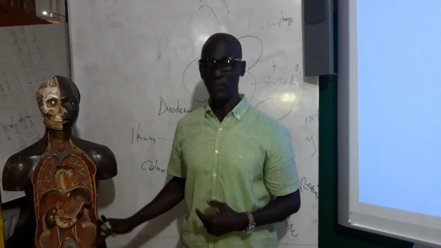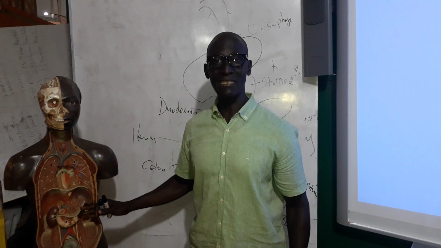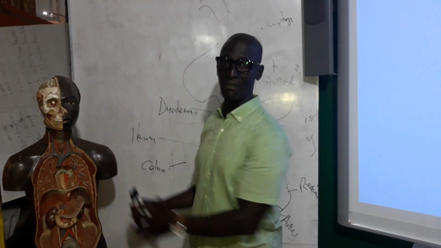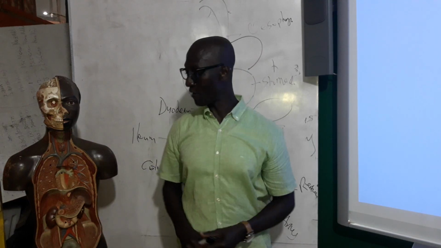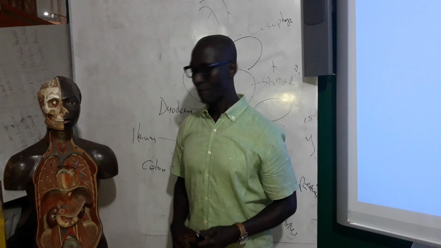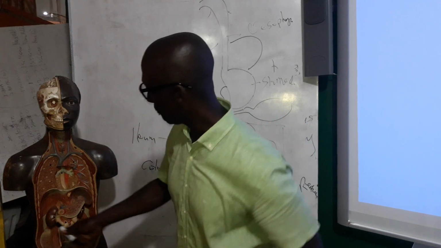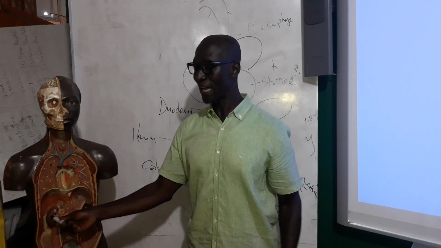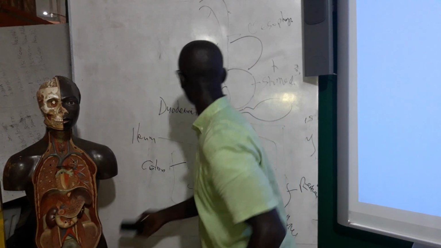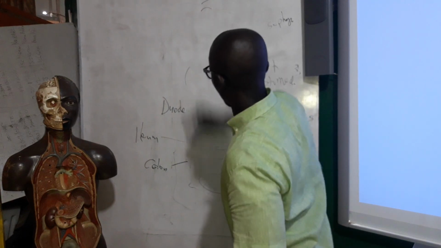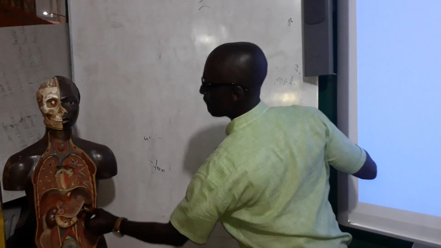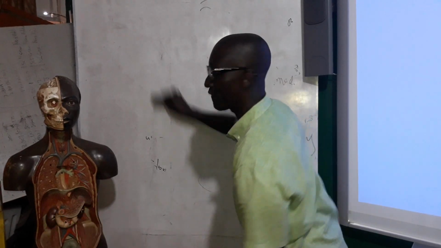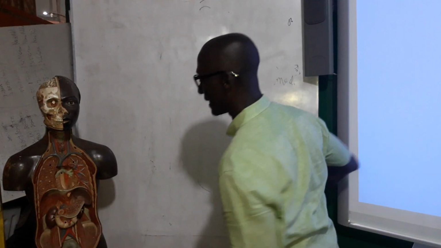We can now find these structures which were previously covered, but after removing the digestive system, they can now be seen. First, watch here. We can find two bean-shaped structures. Two bean-shaped structures here. Every mammal has two of these, and these are the kidneys.